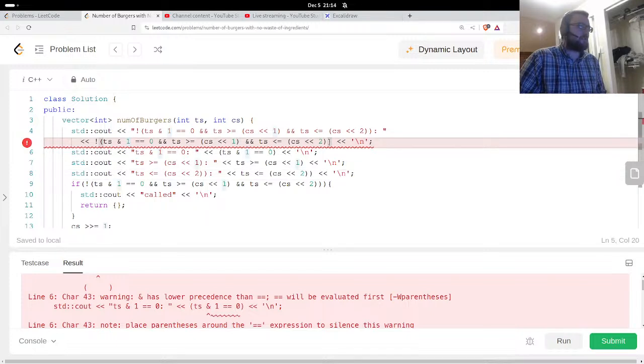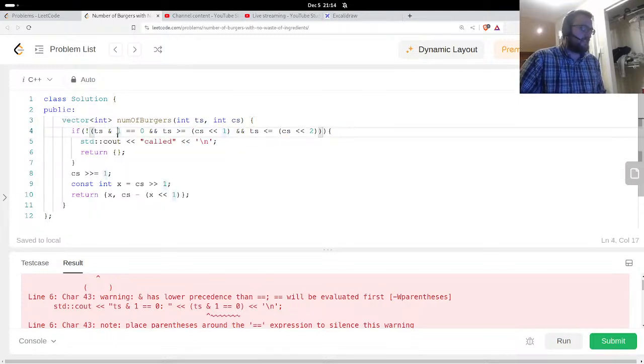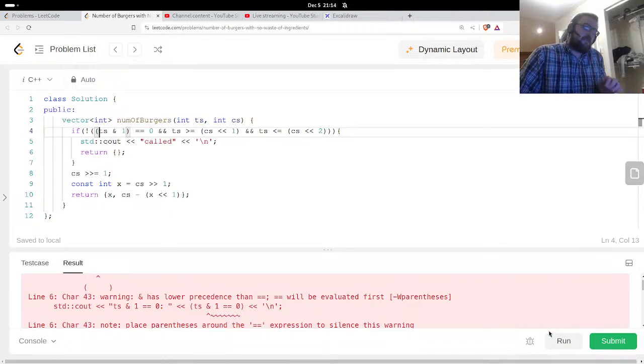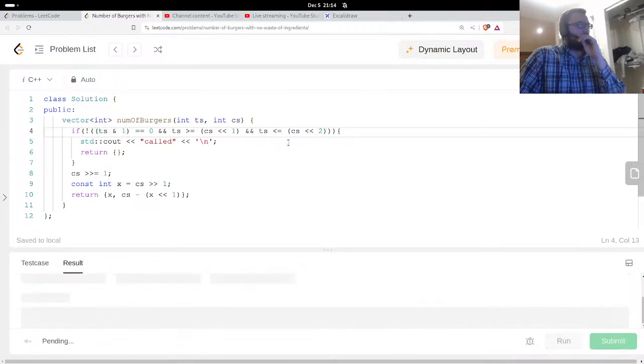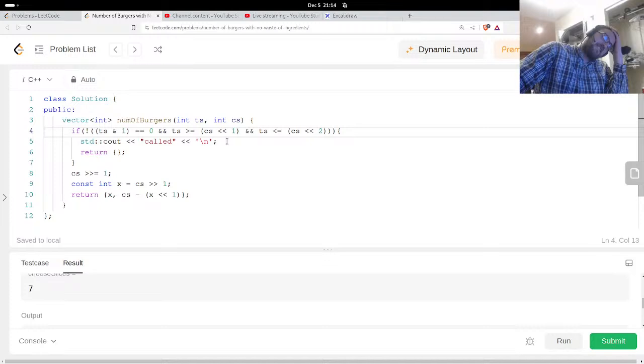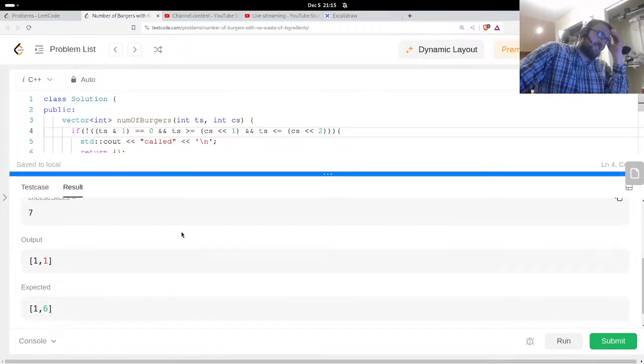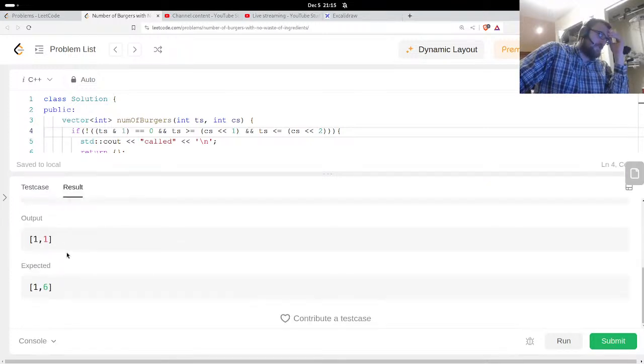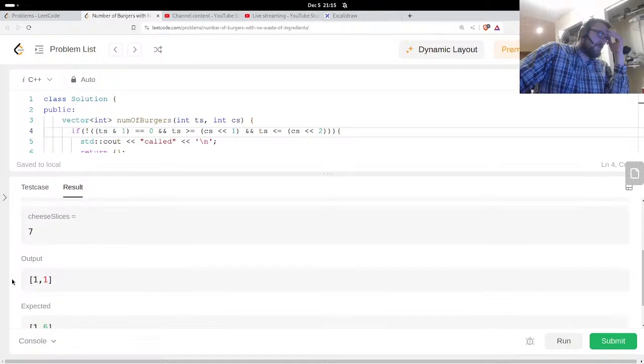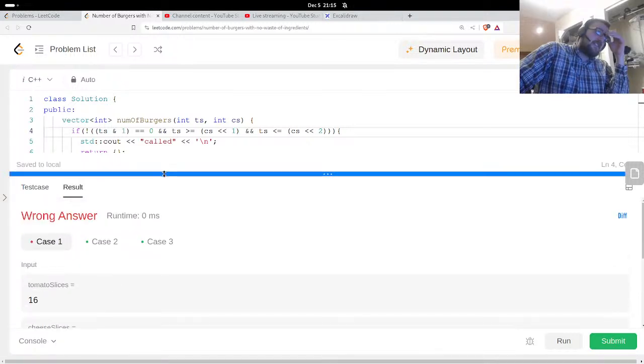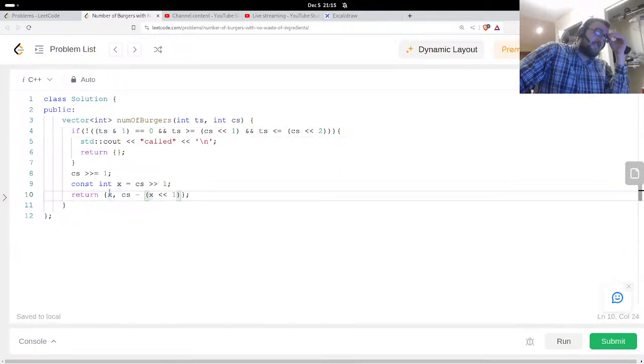Oh. Thank you, compiler. You know, I've made that mistake before. I don't think that's a good, still wrong. Oh no. What? Oh.